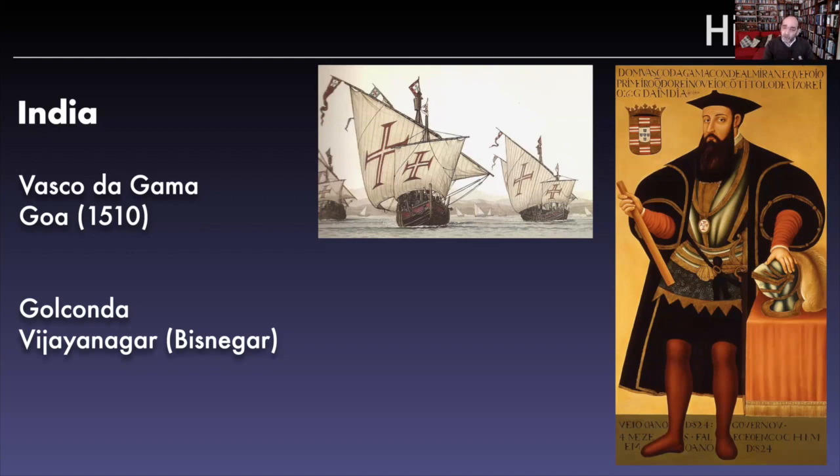Diamonds were reaching Goa from Golconda, I will explain what it is, and also Vijayanagar, I don't know how to pronounce it correctly, but in Portugal we say Bijnagar. These were two areas in India that produced diamonds. They were really active, and those diamonds were then brought to Europe after the 16th century by the Portuguese.